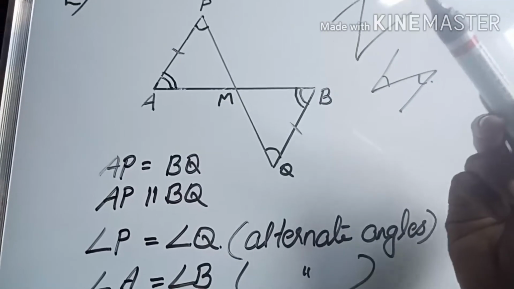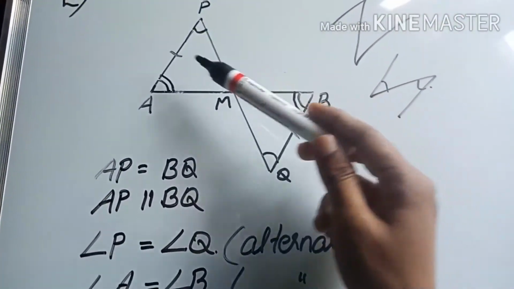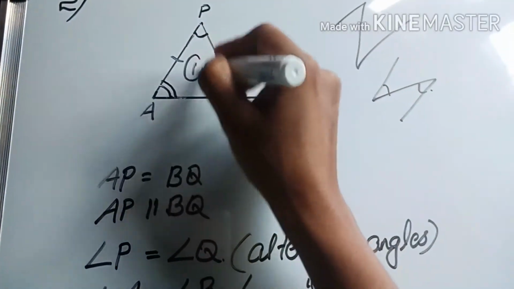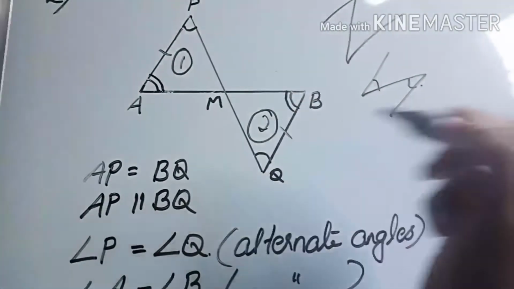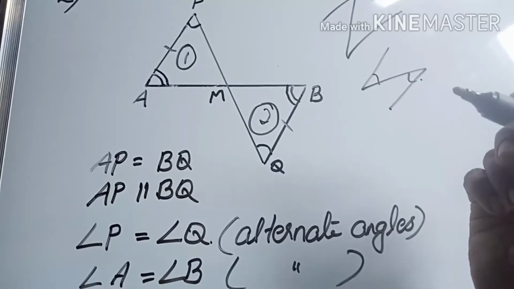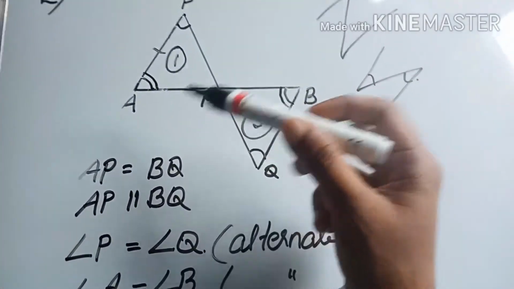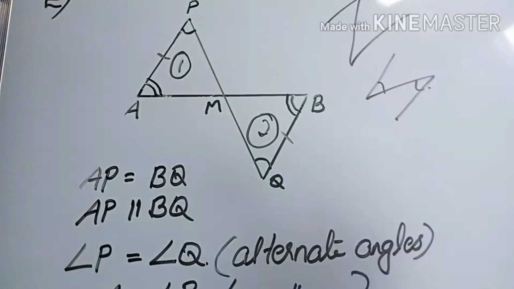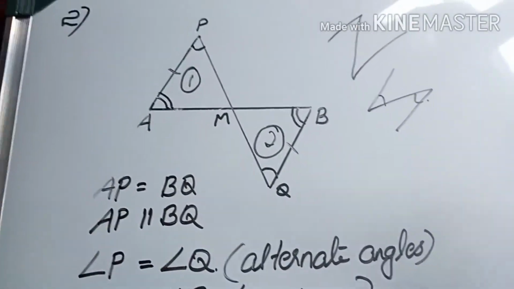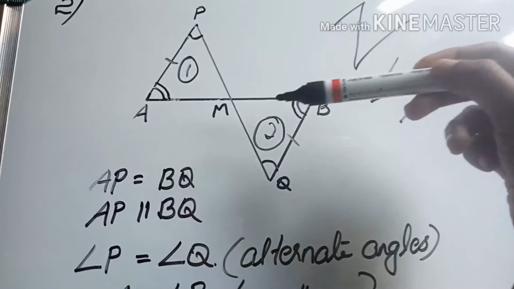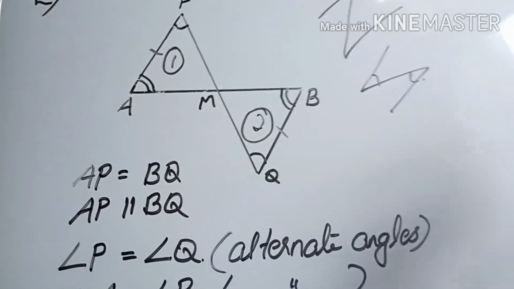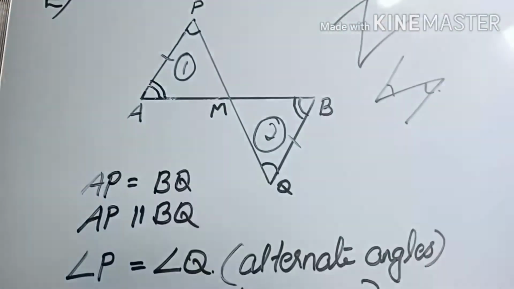Our first sub question is, are the sides of triangle AMP and BMQ equal? That is, are this triangle and this triangle equal or not? Here we got one side and the two angles at the ends equal for these two triangles. So we can say that these two are equal triangles, and the sides opposite to equal angles will be equal. Already one side we got as equal.